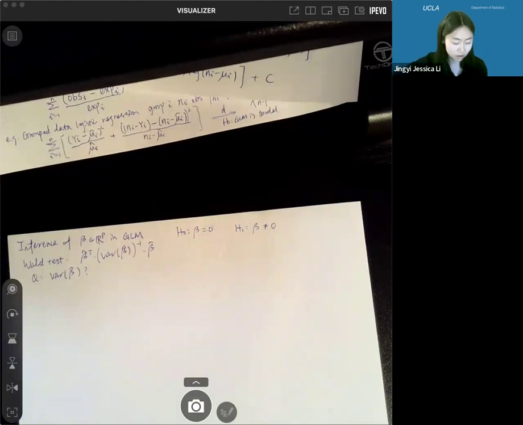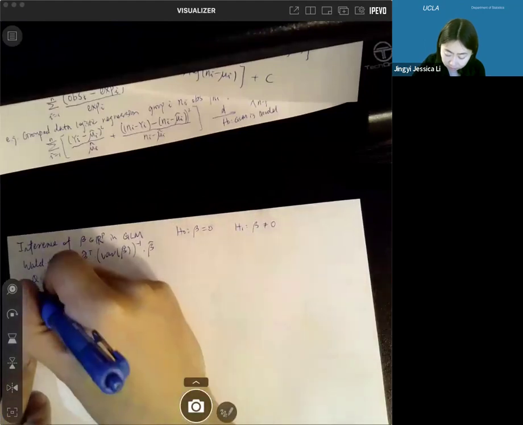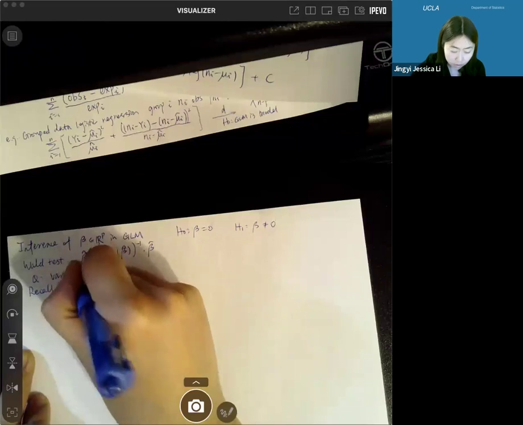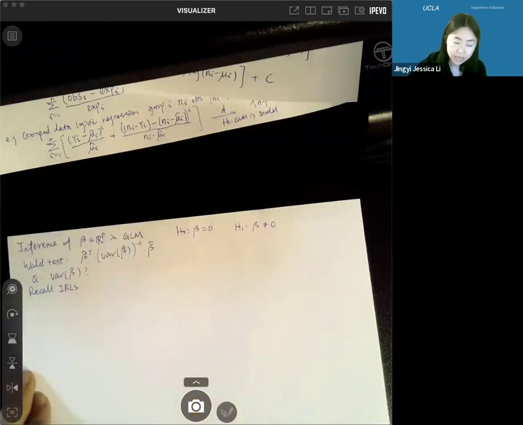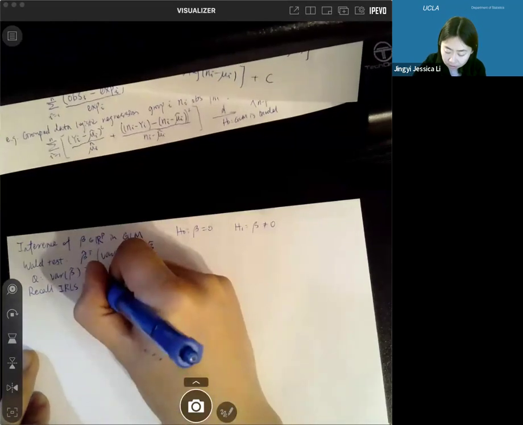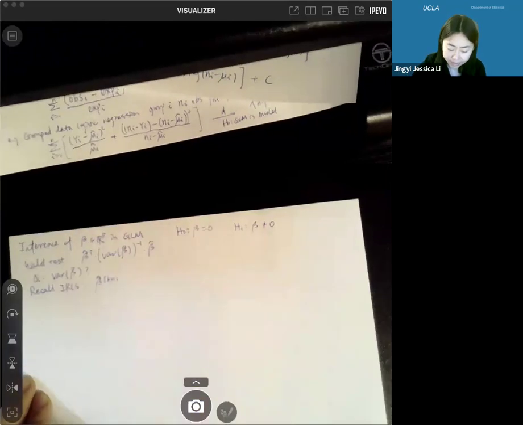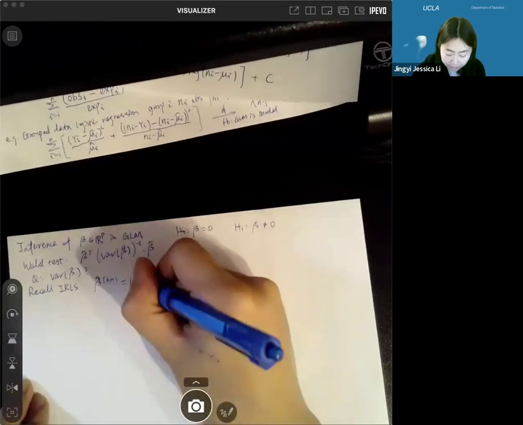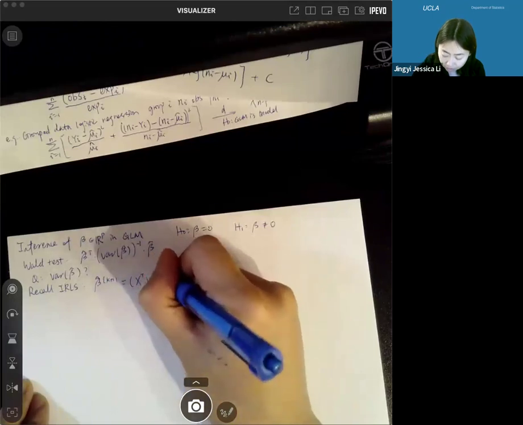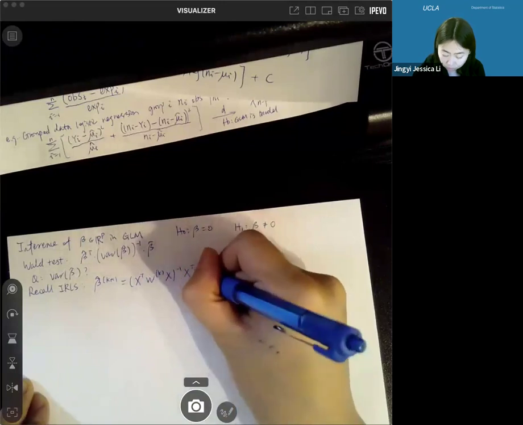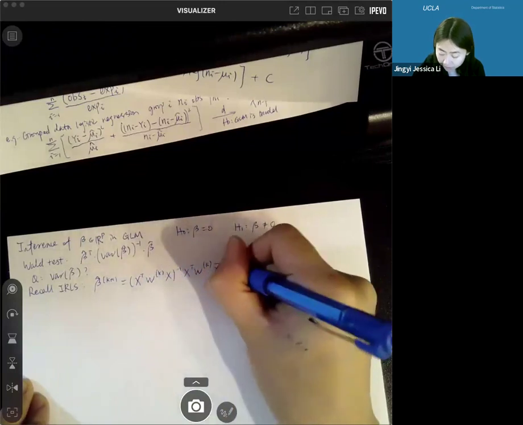So if you recall, in the IRLS, we have this update. Say we are in the kth iteration and we want to update the beta hat to be the k plus 1 value. It's a weighted least square, X transpose Wk X inverse, X transpose Wk Zk, right?